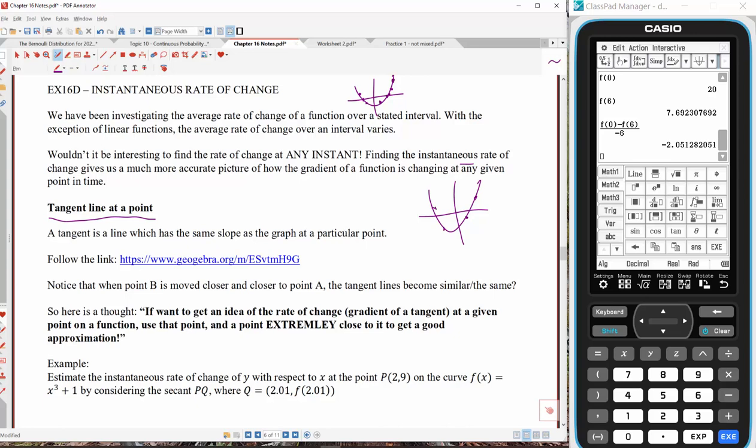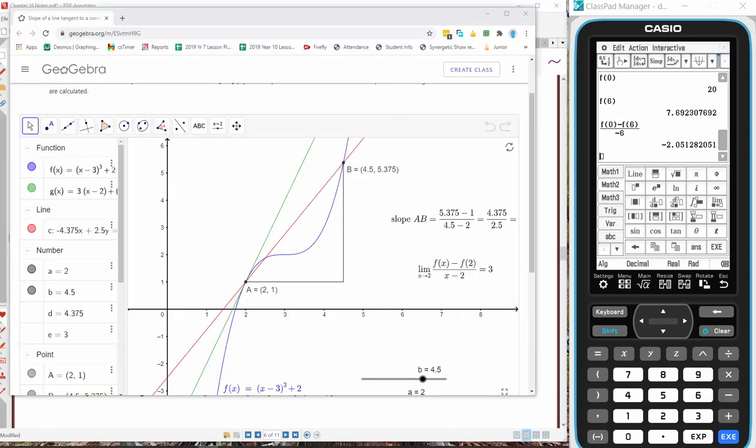All right, so I'll open up that link now. In this GeoGebra app, the blue line is the function, f of x equals (x minus 3) cubed plus 2, so it's an inflected cubic.